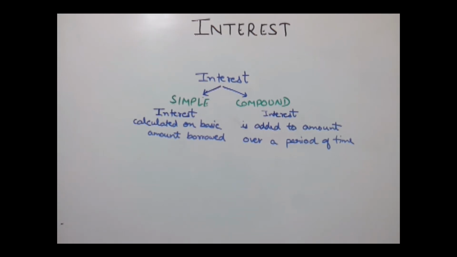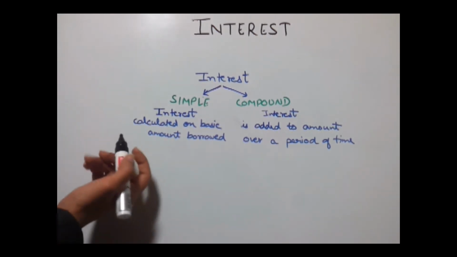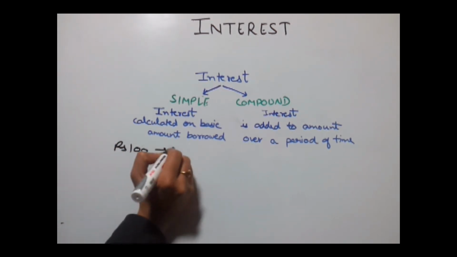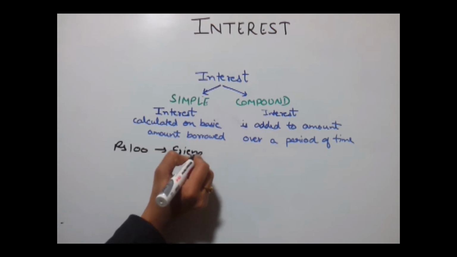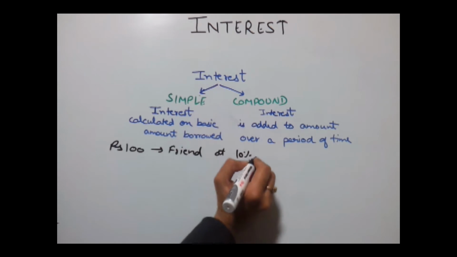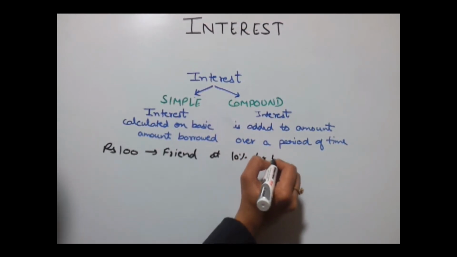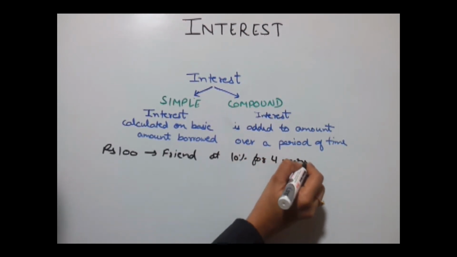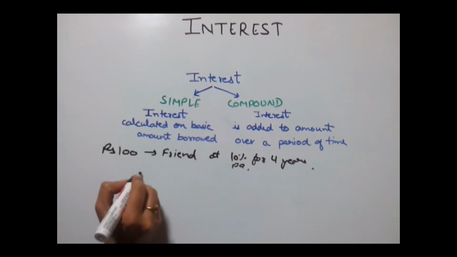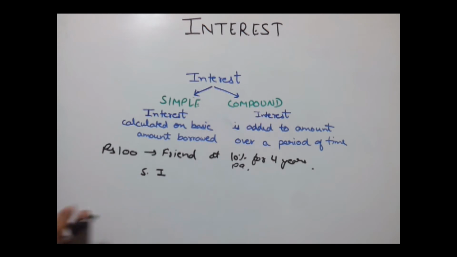Let me explain it with an example. Say you have borrowed ₹100 from your friend at 10% rate for 4 years. Now this 10% is per annum. In the case of simple interest, what will happen?